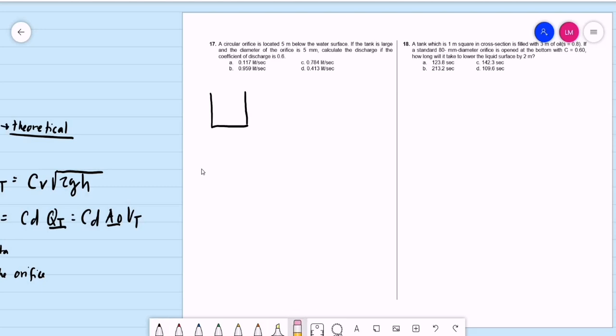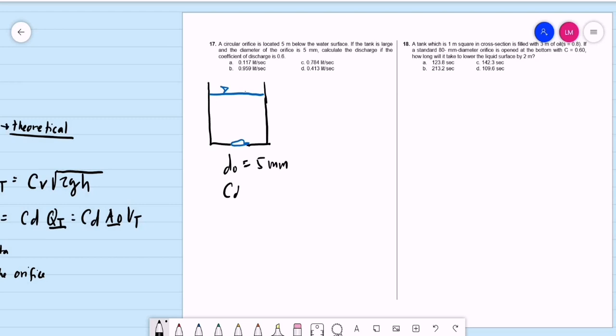Let's say we have an orifice. The diameter of the orifice is equal to 5 millimeters.